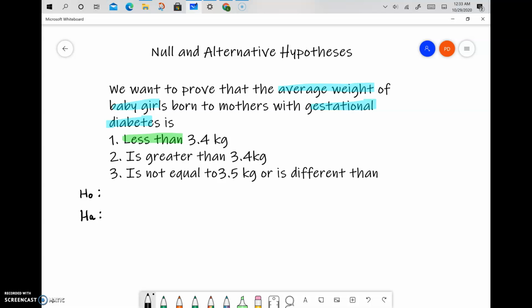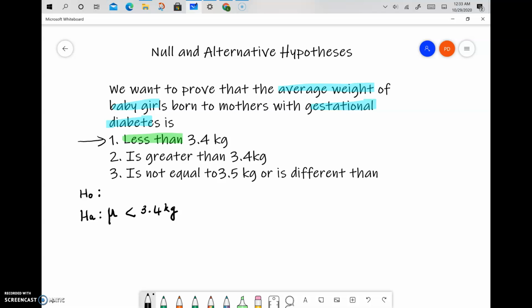Now, what we are trying to prove is always the alternative hypothesis. What are we trying to prove in question 1? We are trying to prove that the mean weight of all baby girls is less than 3.4 kilograms. What we are trying to prove is always HA.